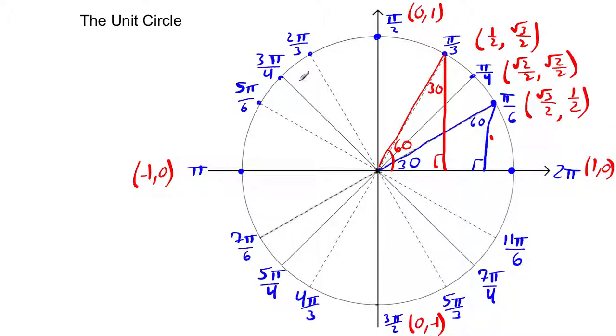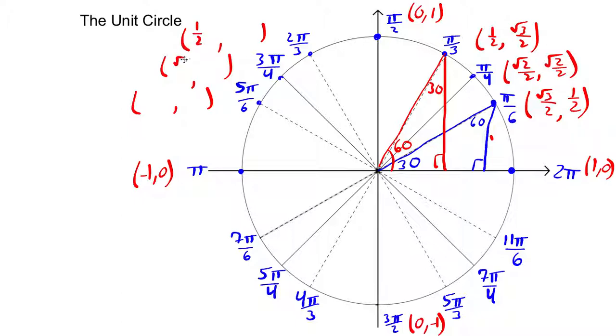So what we're going to do now is go across, but look at the x values. Root 3 over 2, root 2 over 2, 1/2, 0. So 3, 2, 1, 0. So going down, as we continue into the second quadrant, these x values are going to go the same way. So 3, 2, 1, 0.